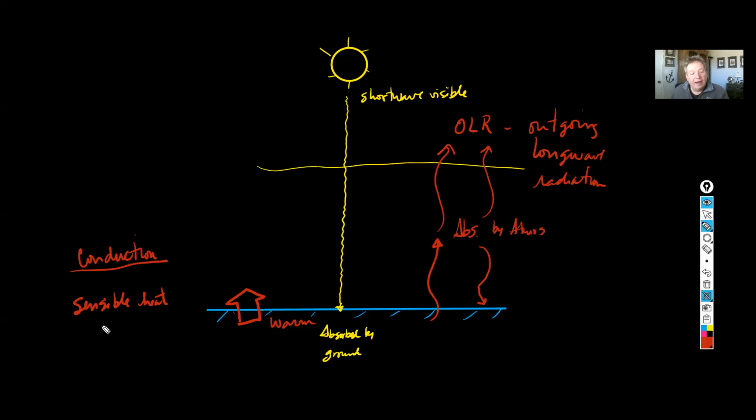So we need the air to get warmed by coming in contact with the ground. So then the question is, if the air is cooler than the ground, and we have this transfer of sensible heat, exactly how much of the air is going to know that the ground is warm? How thick is this layer?